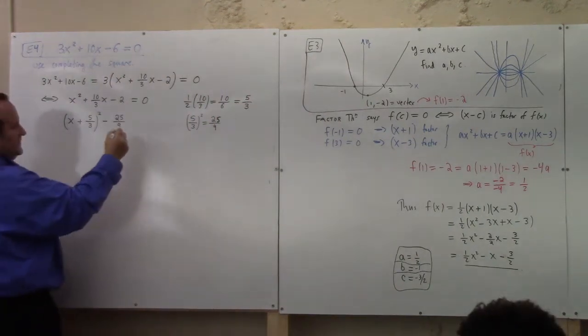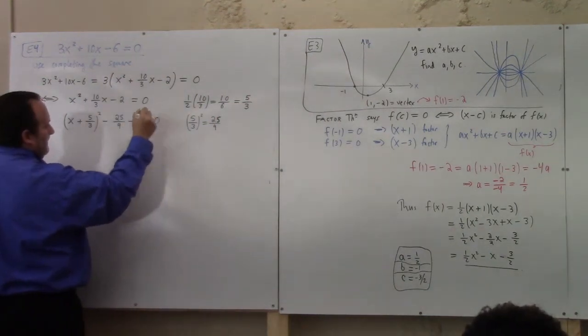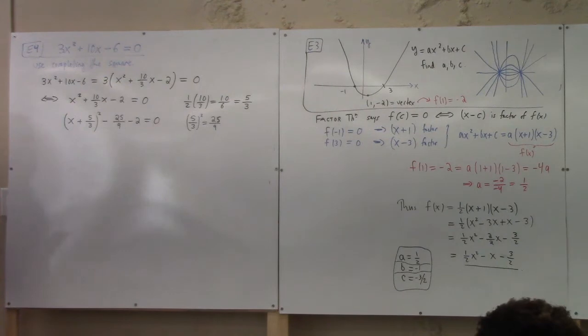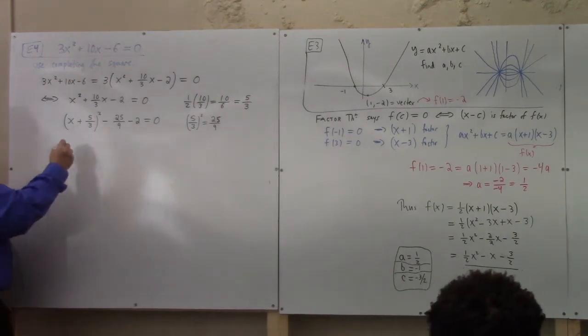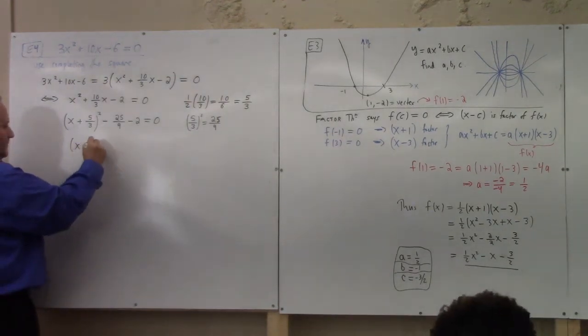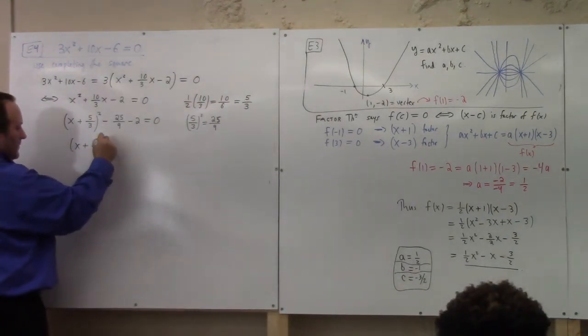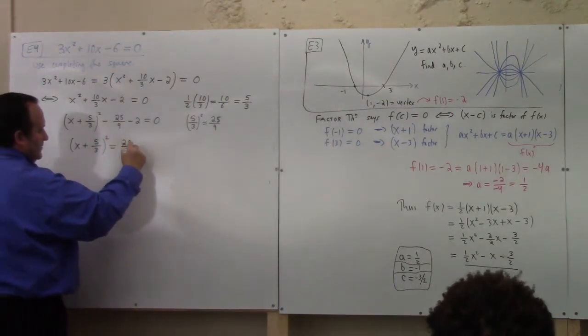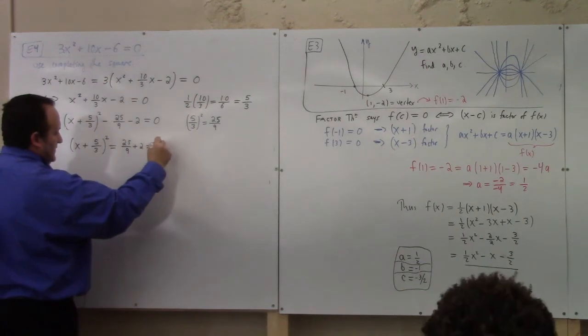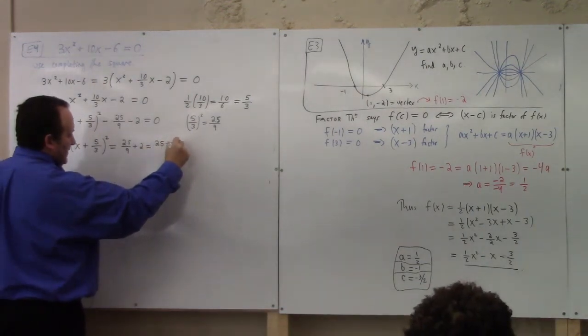And then we still have the minus 2. So I think the easy way to go is to isolate the square, right? So I'm going to isolate the square. So we've got 25 over 9 plus 2, right? So that's 25 plus 18 over 9.